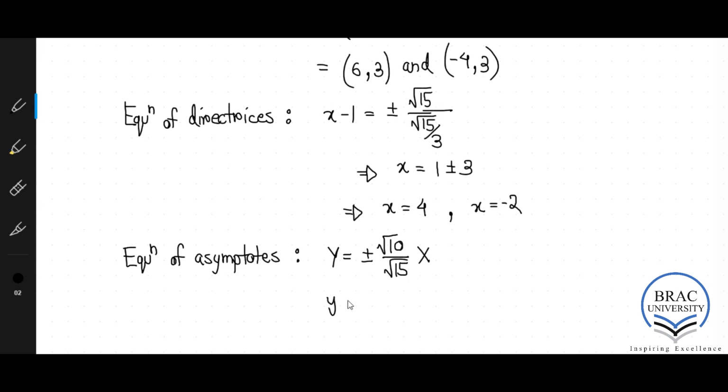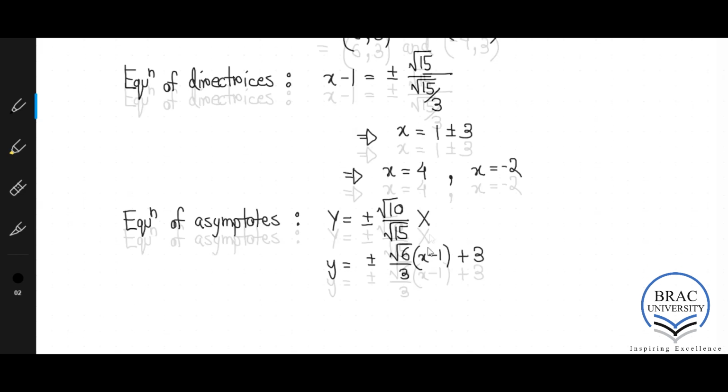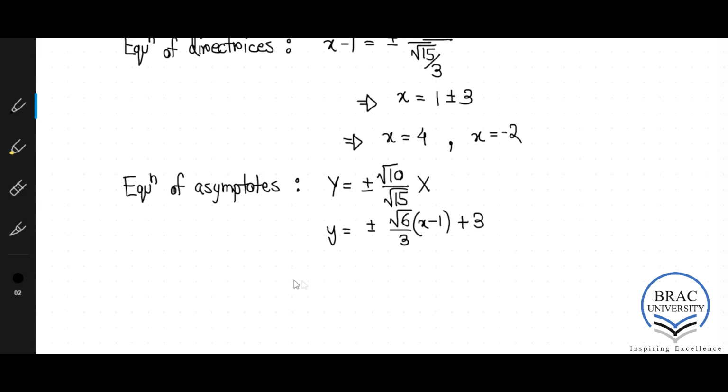So y is equal to plus or minus this. This is the form we will get if we simplify: plug in the x and move the y minus 3, so the 3 comes on this side, and this is the asymptote. So one of the asymptotes will have the equation y is equal to this thing, and the other one will have the equation y is equal to negative of that.